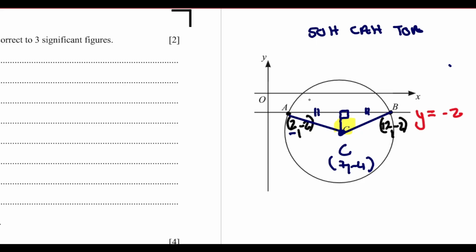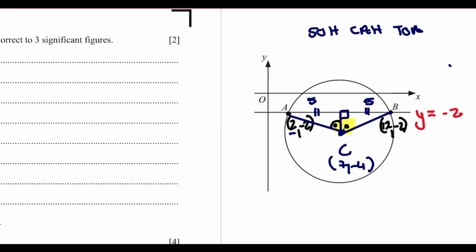And how far is it from 2 to 12? 10. That means this should be 5, and that should be 5. Now, that means we have two right angle triangles, and we can find that angle over there, which is going to be equal to that one over there.